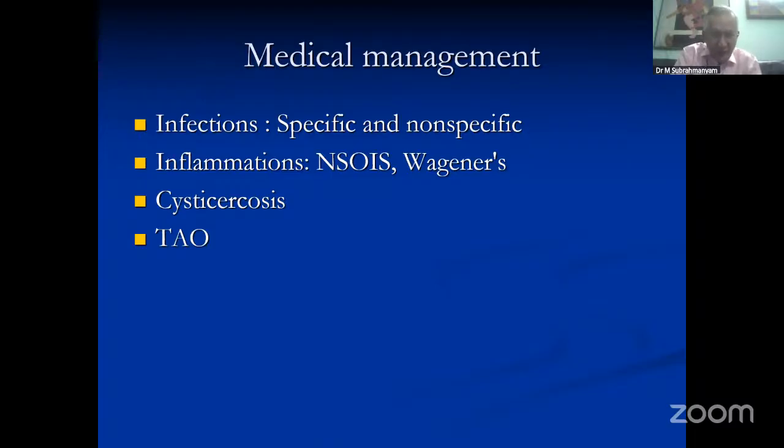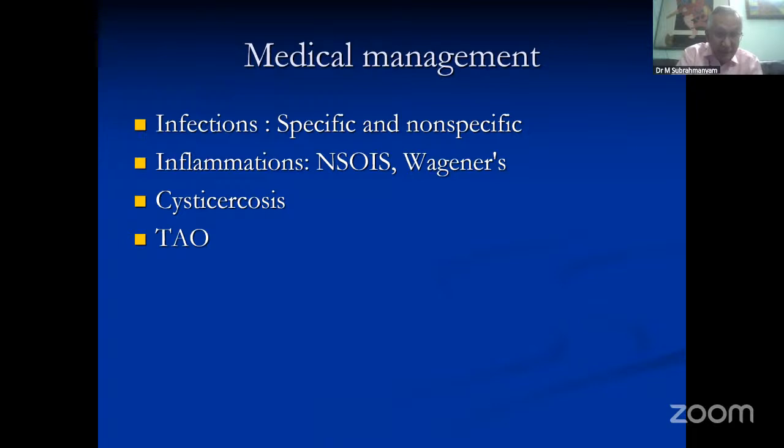Cysticercosis, and the majority of thyroid associated orbitopathy which have inflammatory symptoms, are treated with medical management. Even optic nerve compression can be treated with medical management, first with IV pulse steroids.